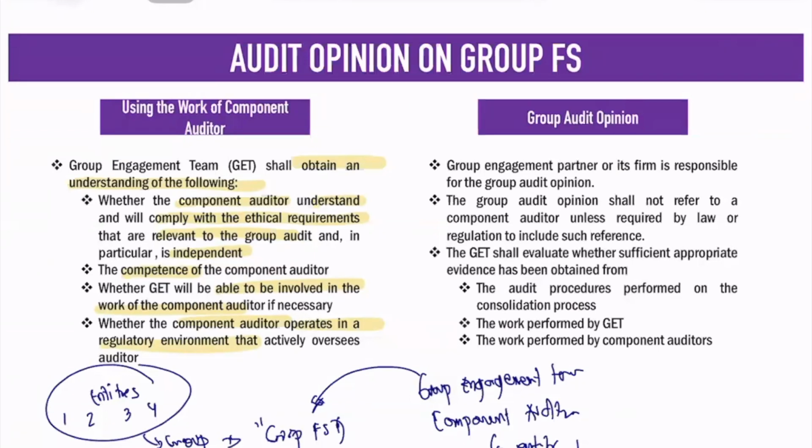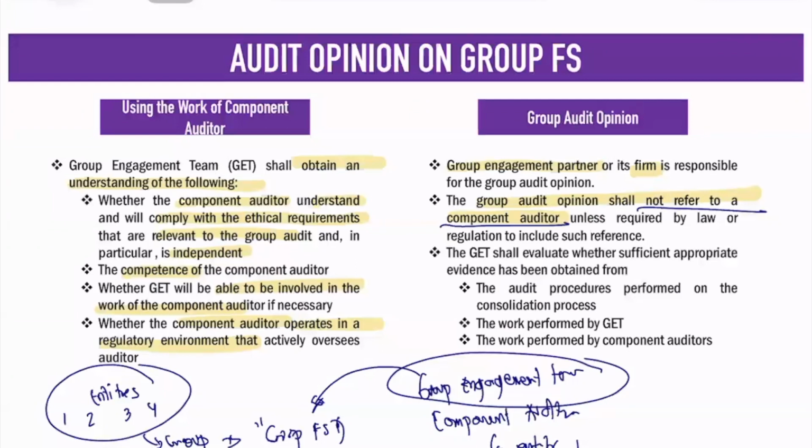How about your group audit opinion? Always remember that the group audit opinion must be under the group engagement partner. So the responsible party here is the group engagement partner or the firm itself. The group audit opinion shall not refer to the component auditor. Why? Because you assume that the whole audit opinion was made by the group engagement team.